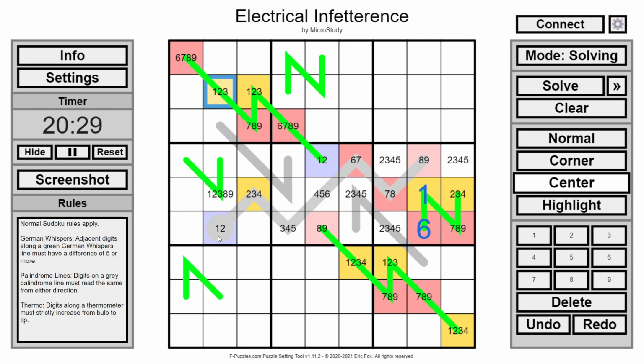If this is a low digit, then we do have a triple on low digits. And I don't know if this helps, but if these are high digits, then that would be all the high digits in the row. And one of them would have to be a 6, so this would have to be a 1. Which would mean that this would have to be 6, 7, and this would have to be 8, 9, because we couldn't have a 7 over here, because it would require a 1 and a 2.